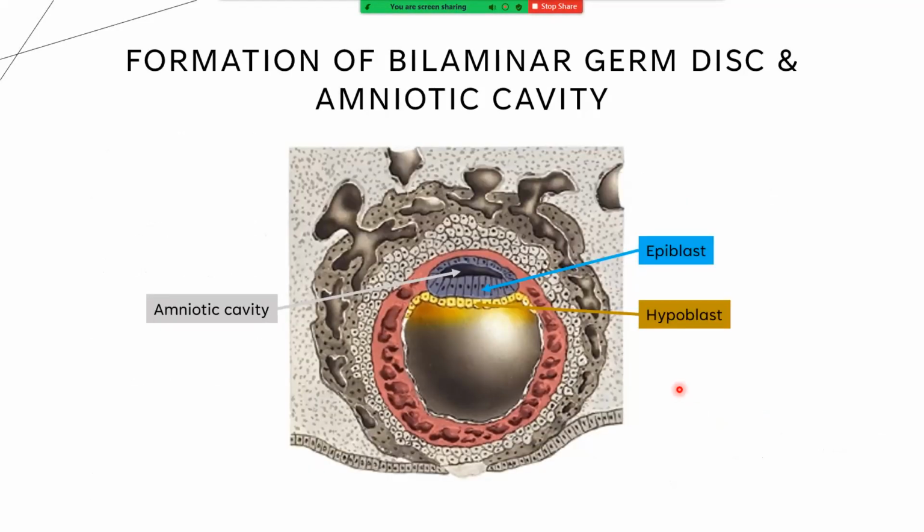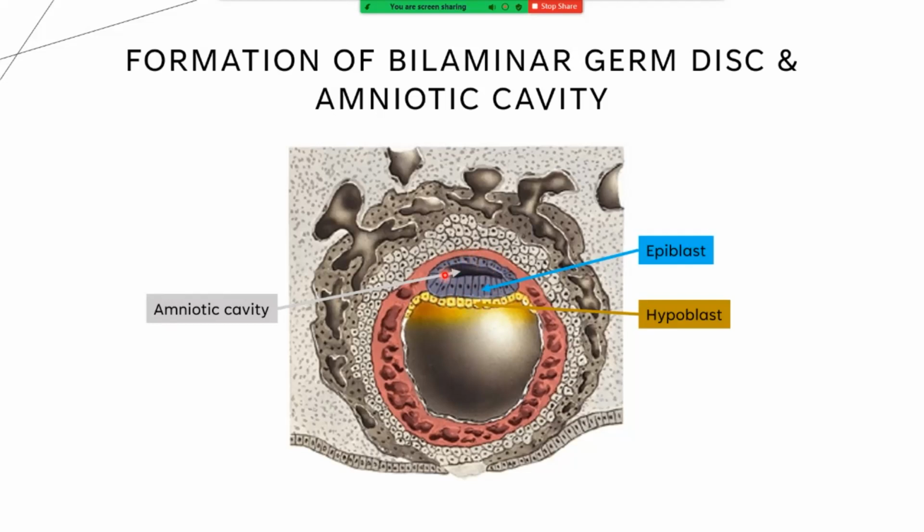Okay, this picture is showing the bilaminar germ disc: the epiblast, the taller cell layer on top of the hypoblast, which is the flattened cell layer. And the amniotic cavity is the cavity located between the epiblast and the cytotrophoblast.